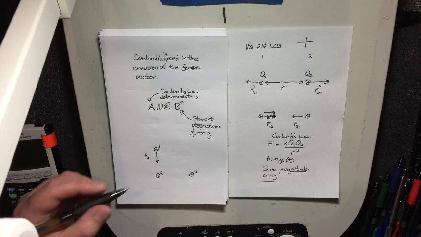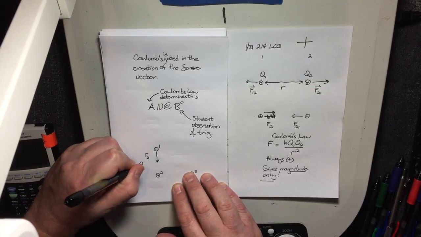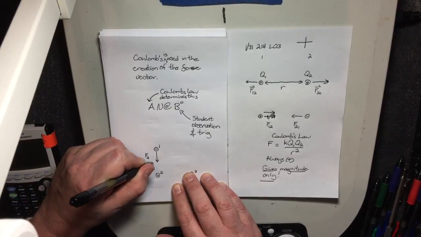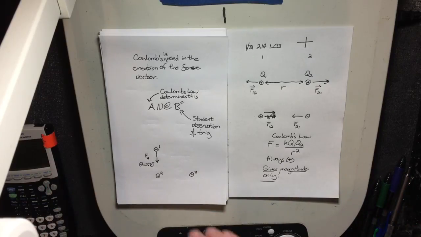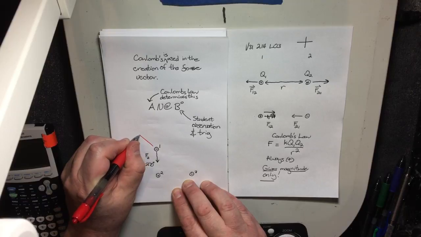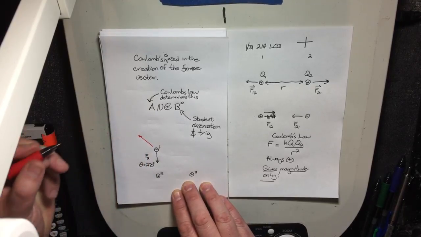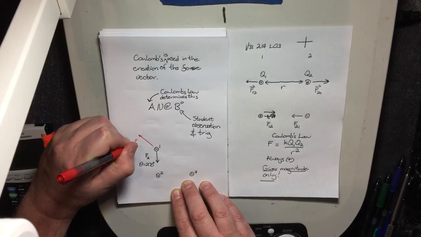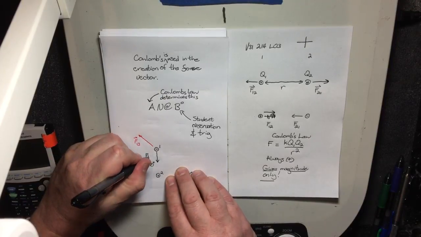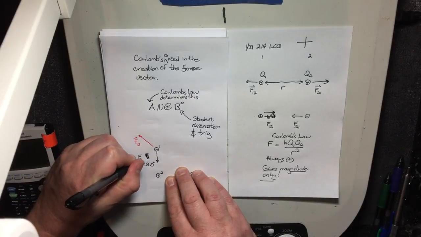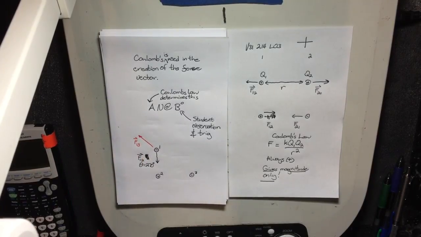So it pulls down. The theta here must be 270. And so we work from that. Now, the negative, it is a repulsive force. So it is up and to the left. So the force on 1 by 3 is up and to the left. I miswrote this one a little bit. The force on 1 by 2 is straight down.